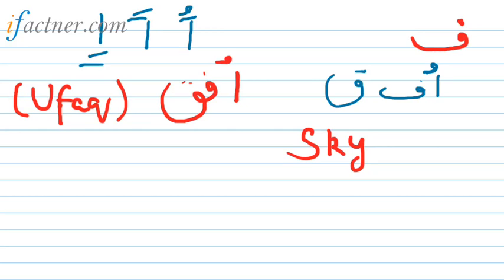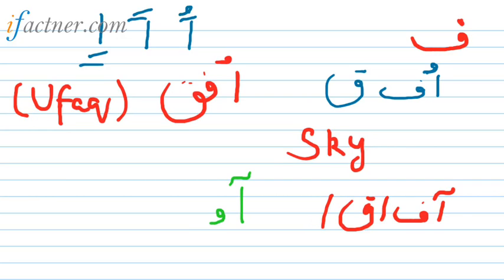Then there is another word called afaka. Alif zabar, fe, alif, kaf, alif. And we write it as a, fa, ka.